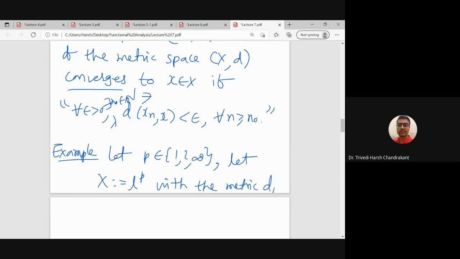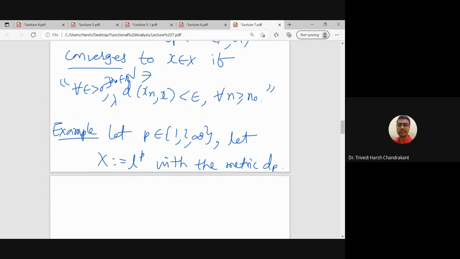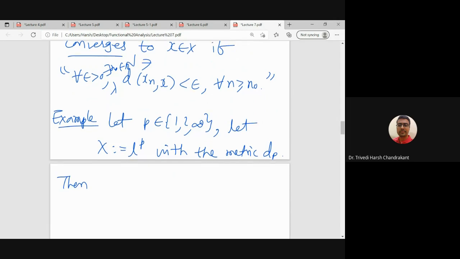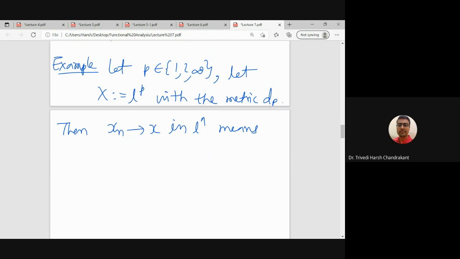So the metric is dp, which we denote as d1, d2 and d infinity, depending on p is 1, 2 or infinity. Then we say that xn, which is a sequence in L1, converges to x in L1 means, basically, when we consider L1, we consider the d1 metric. So this means the sequence converges to x in the d1 metric as n tends to infinity.